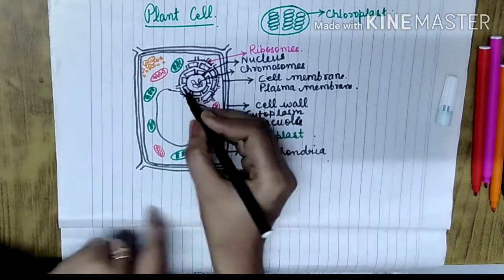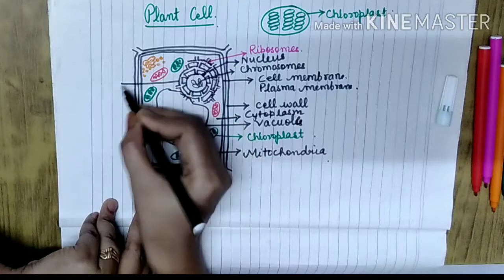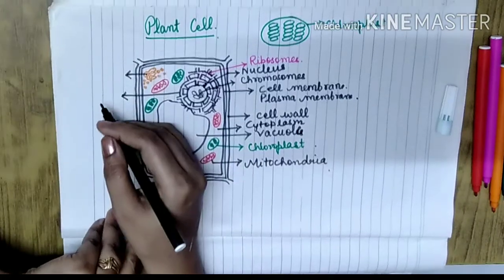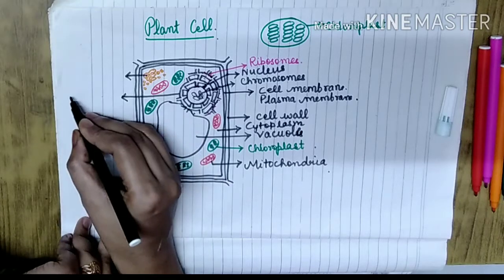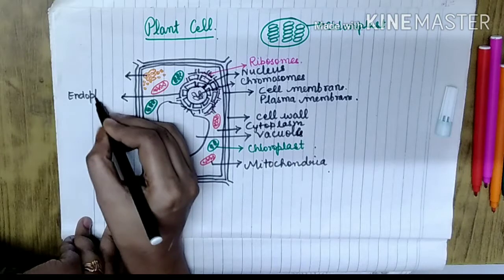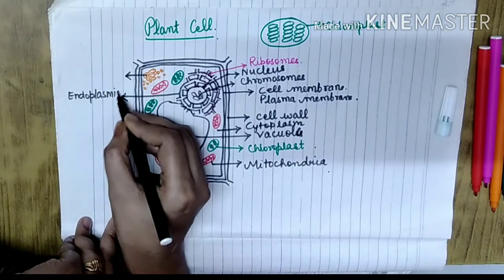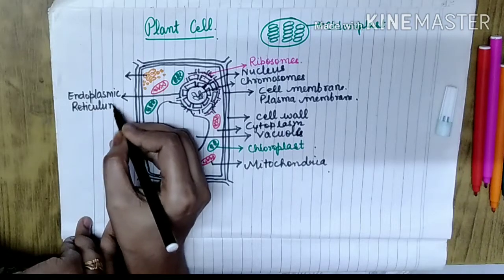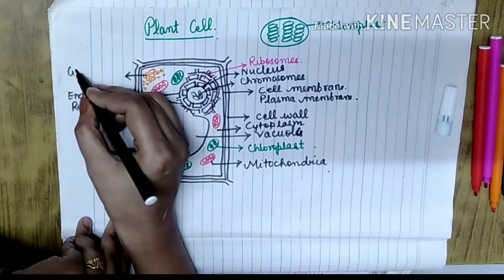So this is how you are going to make the diagram of the plant cell. This orange color is showing the Golgi apparatus, and this reticulum network of the endoplasmic reticulum is spread throughout, just adjacent to the nucleus.